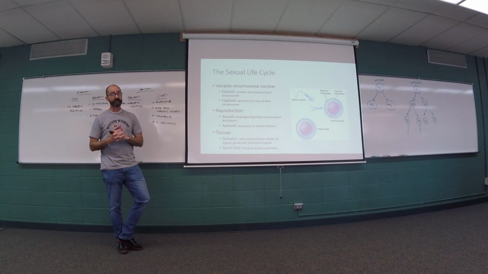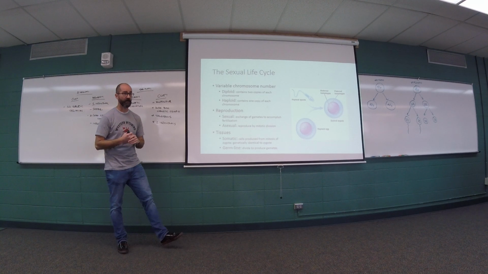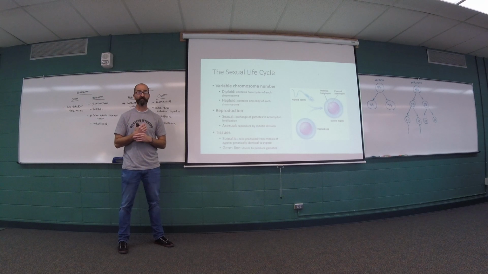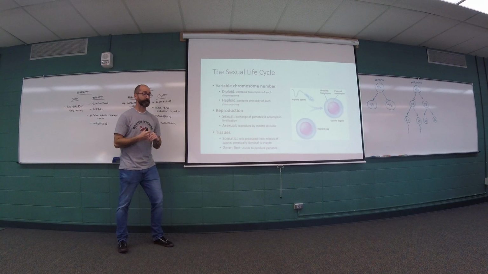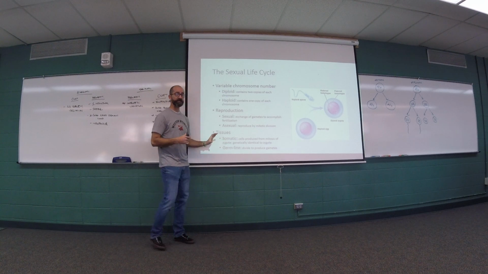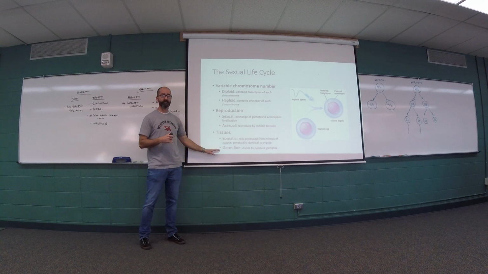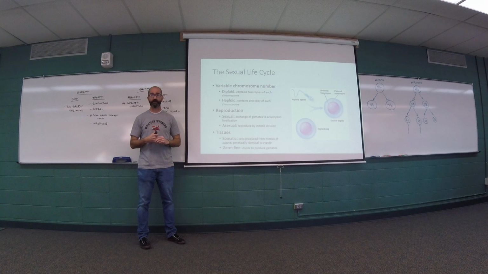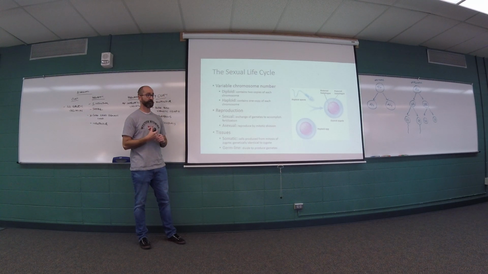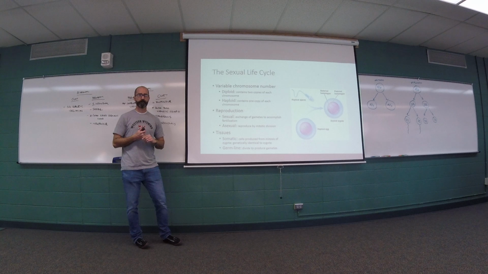And then there are the gametic tissues, and those are specifically the tissues that produce gametes. So in females, it's the ovaries. In males, it's the testes. Those are the gametic tissues. And these are the only tissues, the gametic tissues are the germline tissues that go through meiosis for nuclear division. Okay? You cool with that? All right.